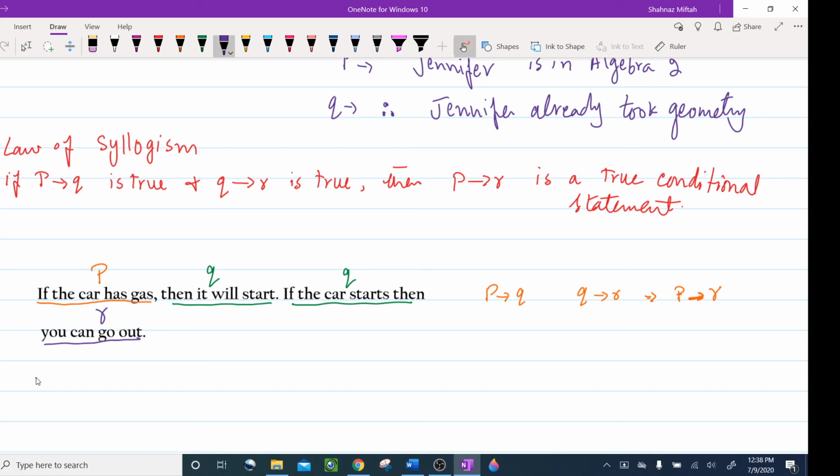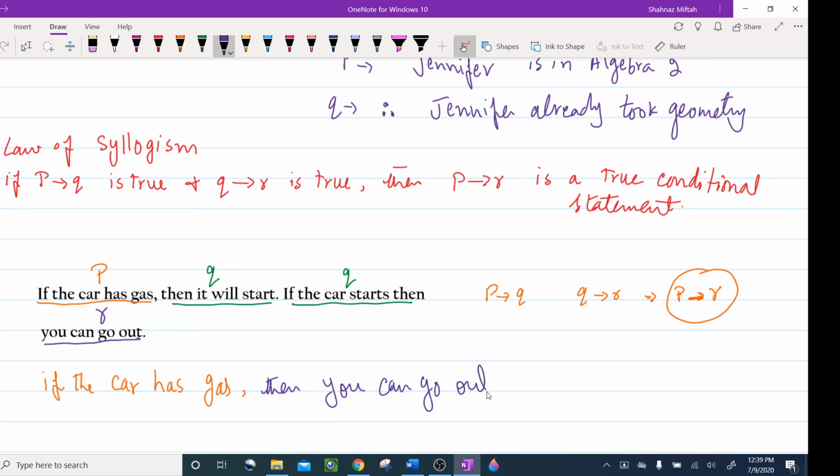It's going to be: if the car has gas, which is this portion I'm working on, P, then you can go out, which is in purple color, and which is also true, right?